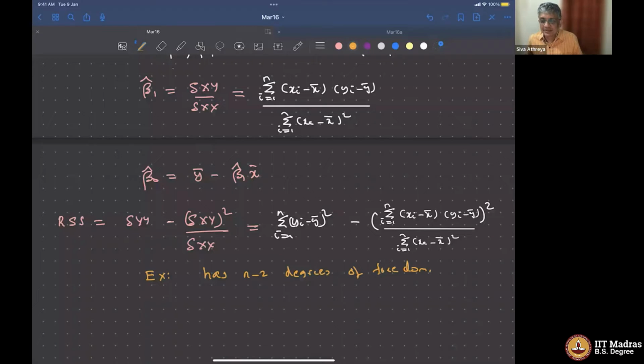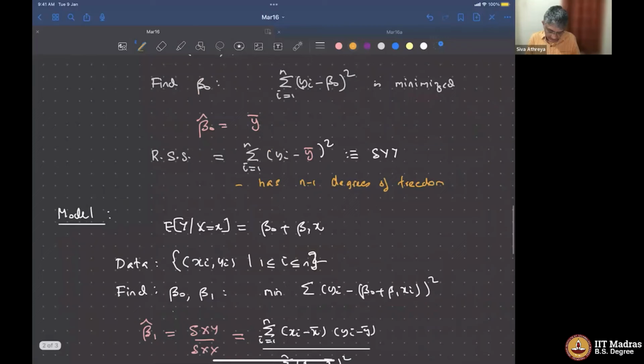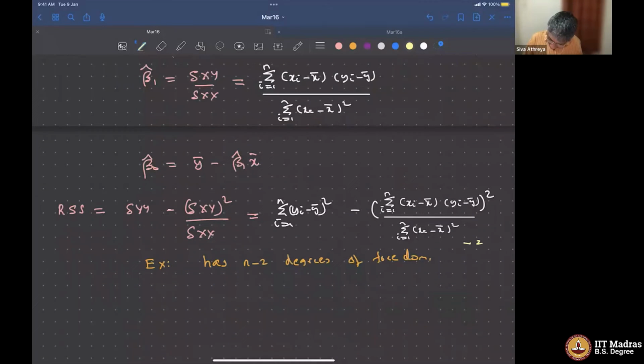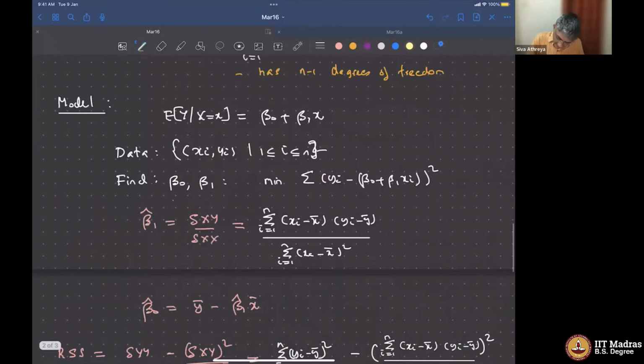So then we came up with this. Let's call the RSS from model 0 equation 1, and this one equation 2. So what's the difference between 1 and 2? The difference between 1 and 2 is the reduction in the residual sum of squares due to enlarging the mean function from model 0 to model A, our original model.